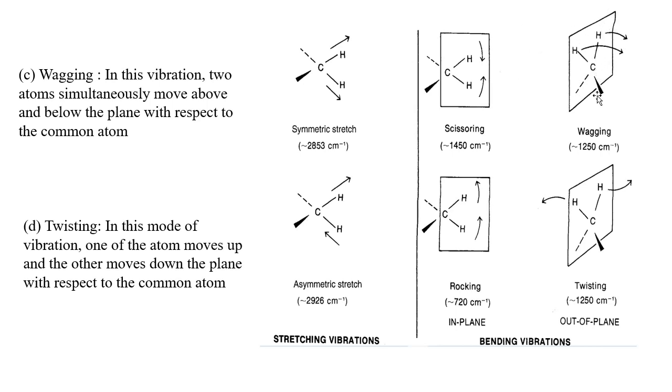This type of vibration is called wagging vibration. Here both the hydrogen atoms move above the plane of the carbon atom or may both move below the plane of this carbon atom.